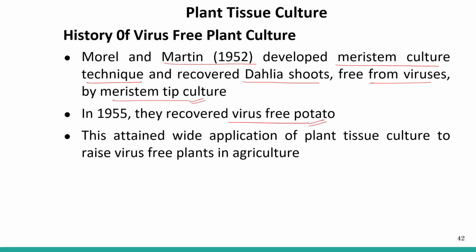These are the microbes which contaminate our nutrient media and explant. That is why we give more emphasis to the in vitro condition, maintenance of aseptic conditions, and sterilization, right? This attained a wide application of plant tissue culture to raise virus-free plants in agriculture.